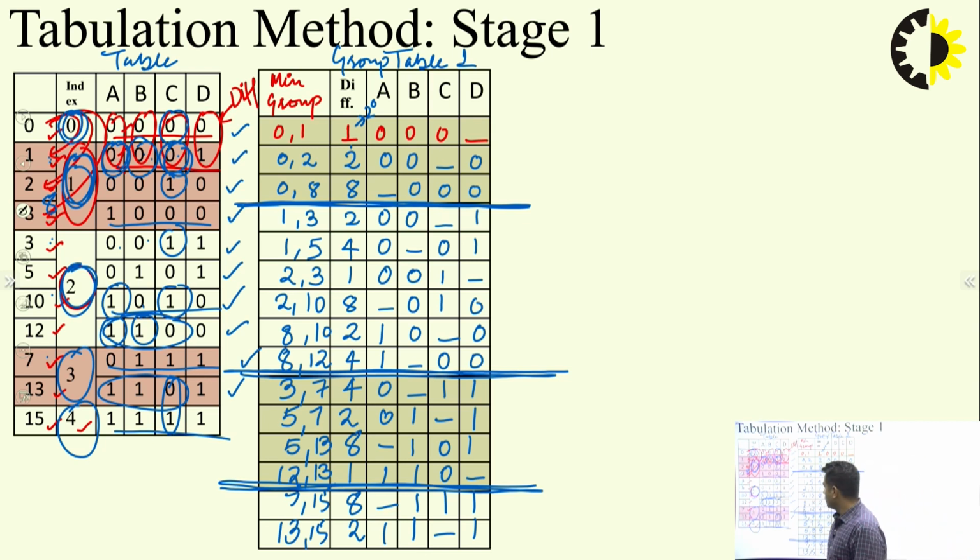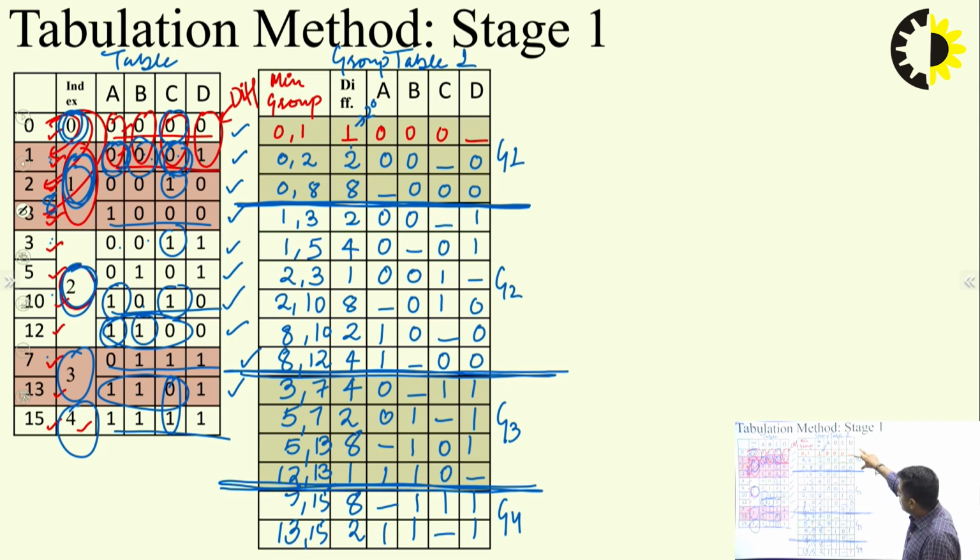What we are trying to do is make the higher size groups wherever possible. So these single terms are now converted into pairs. Now we will check whether these pairs can merge to form a quad. That means this G1, G2, G3 and G4 will now be compared.